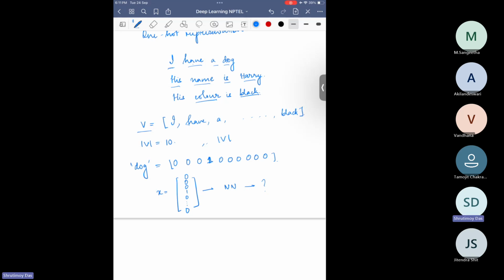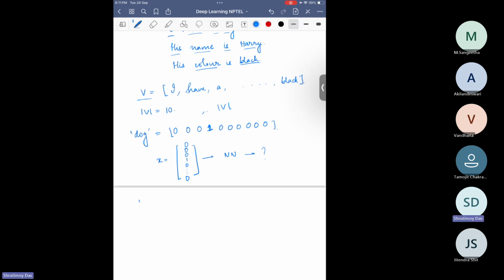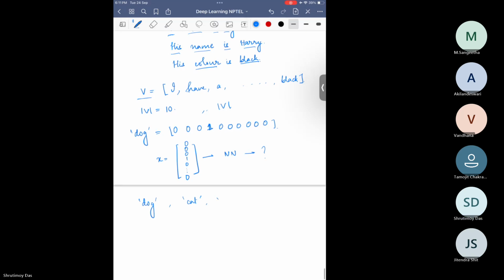Another problem is that, as was discussed in the class, this type of representation does not really say anything about closeness. Suppose I have a representation for dog, and I'll use the same example, a representation for cat, and also a representation for, say, humans.